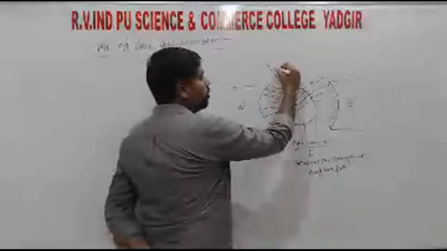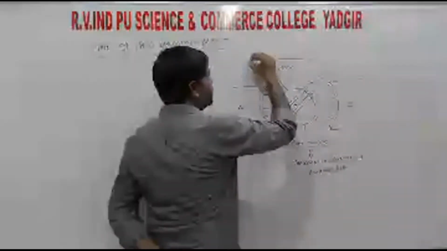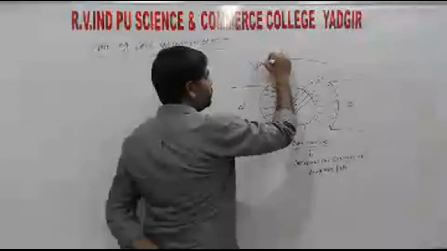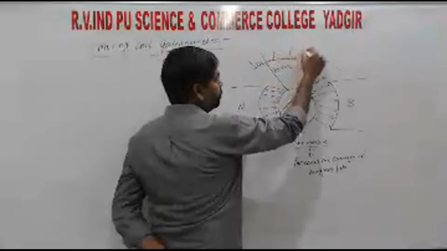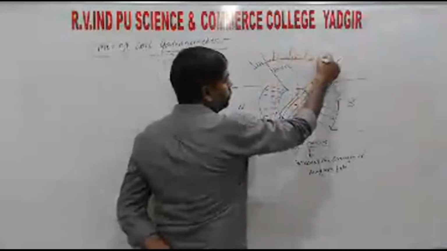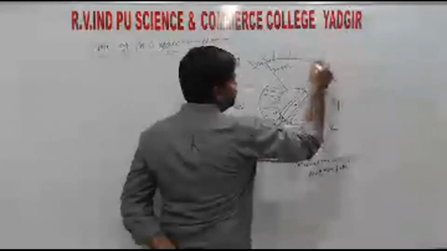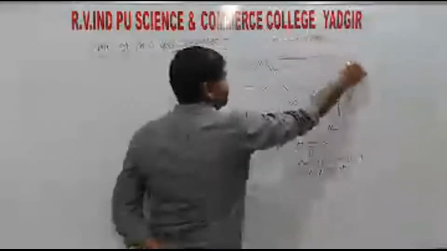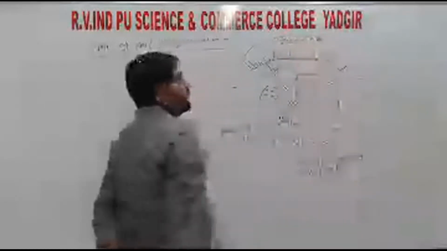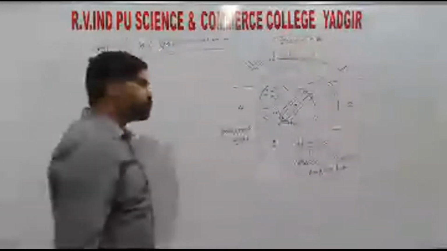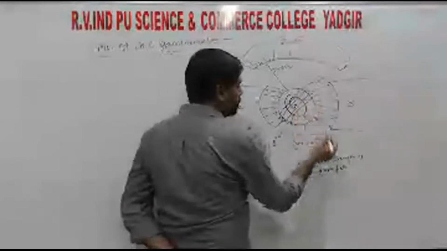So this one is the pointer, right? So it is attached to the measuring scale. So this is the scale, right? So this one is the spring SP, right?